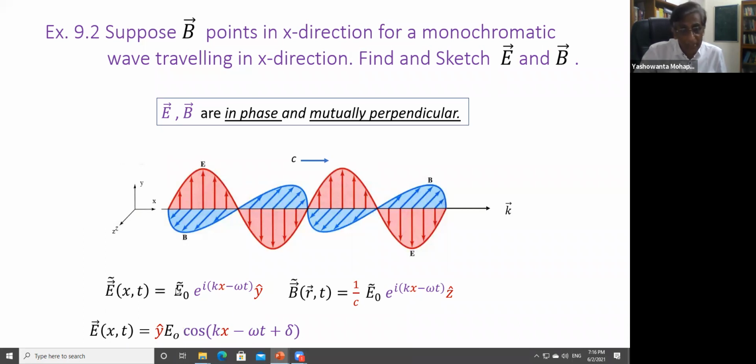So this was complex. Now since I have taken the real part, the delta can come in. That is a phase constant. I have to write it down. So B is of course in the z hat direction, 1 by c, and with exactly the same phase factor as here, with the same phase constant because they're in phase.